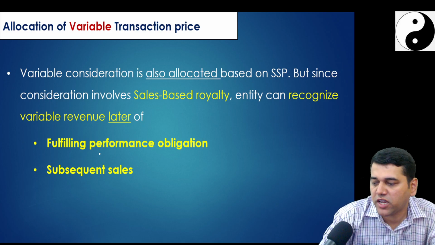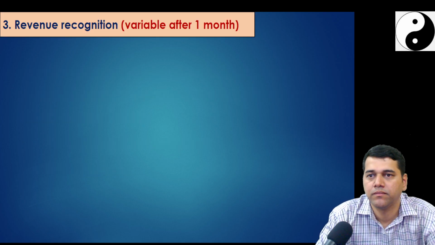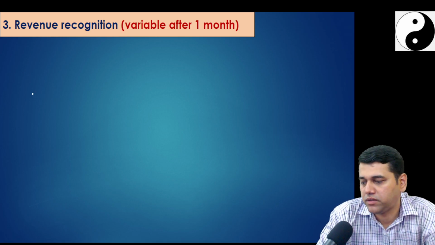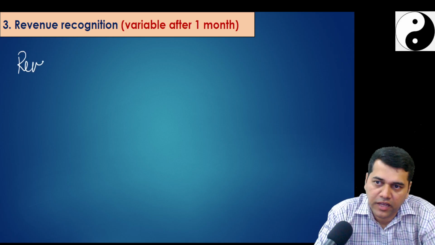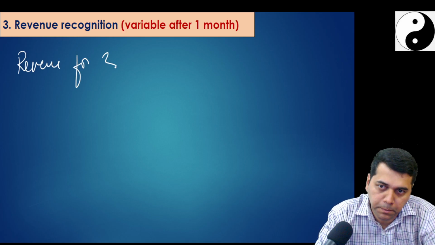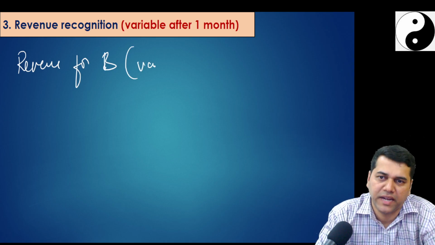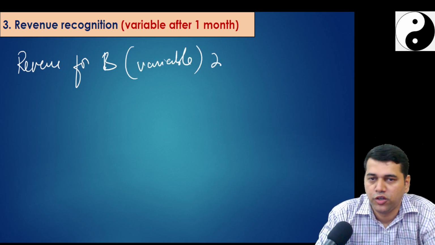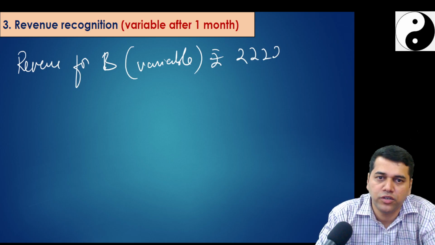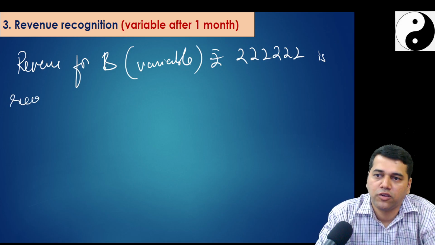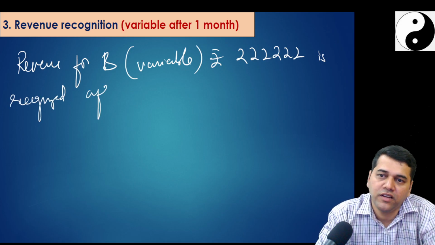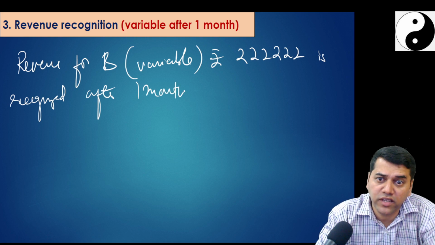Yes, now let us talk about license B. After 1 month, how much will I recognize? Revenue for B, in bracket you can write variable. Rupees 2,22,222 is recognized when? After 1 month. But can I recognize?